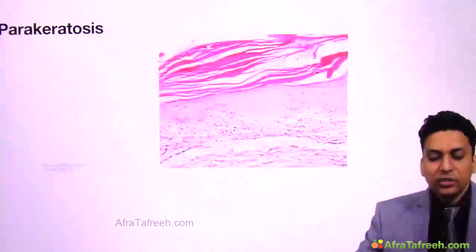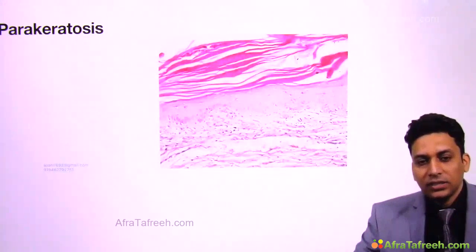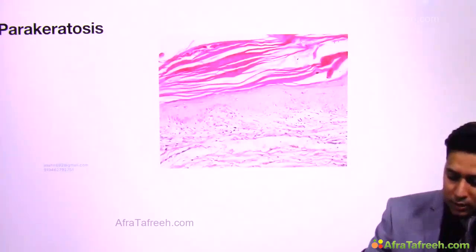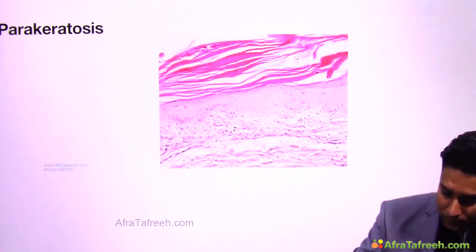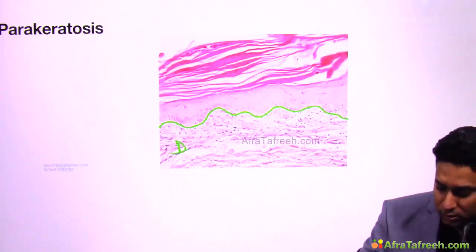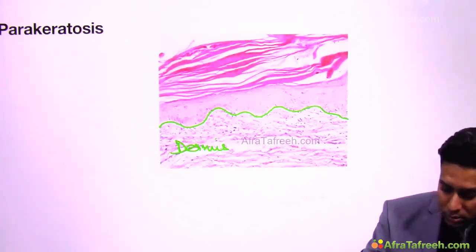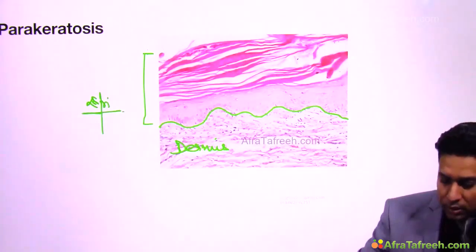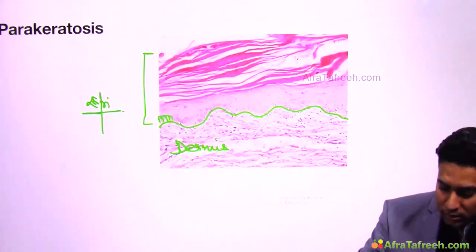Like you can see this is parakeratosis. I told you what is parakeratosis. It is retention of nucleus in the topmost layer. So let us try to understand. This is the junction, this is dermis, while this is epidermis. Here you can see these columnar cells, then these cells of stratum spinosum, and this topmost dead layer is stratum corneum.